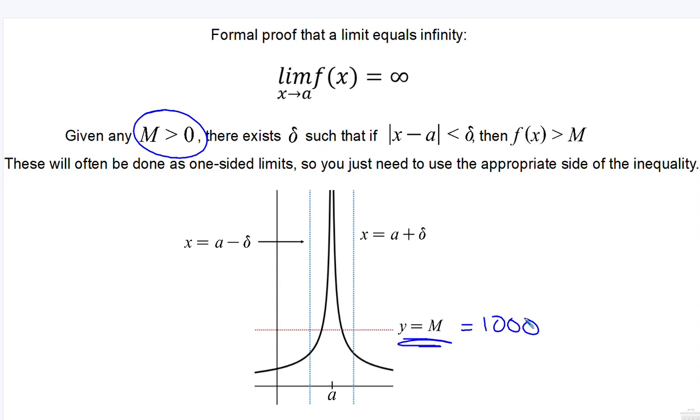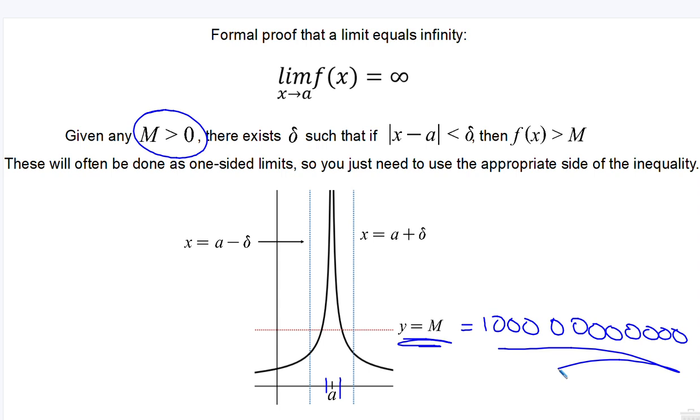Well, I need to be able to pick any M, no matter how large that M might be. So I might need to pick an M. Let's say I pick this M, which looks like a pretty big number, but really in the grand scheme of things, compared to infinity, is really small. I just need to show for this M that there is a delta, right, a range over here that is small enough that if I draw those vertical lines, my function still has values larger than this.